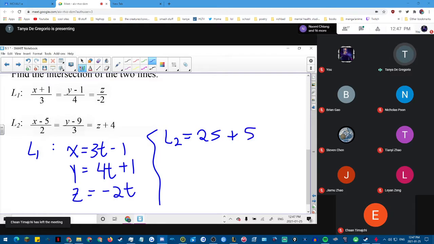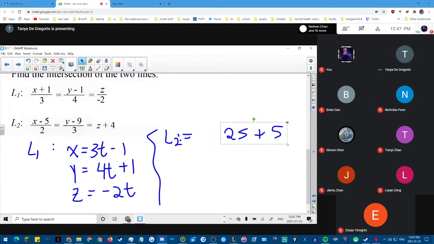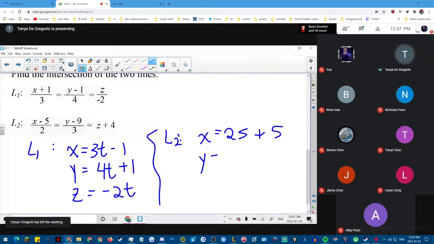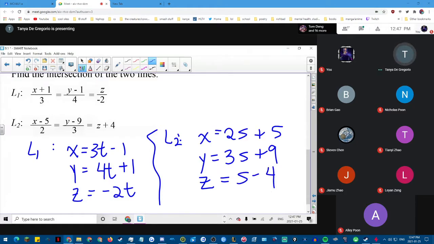Make sure you change that variable. And then we have y is equal to 3s plus 9, and z is equal to s minus 4.